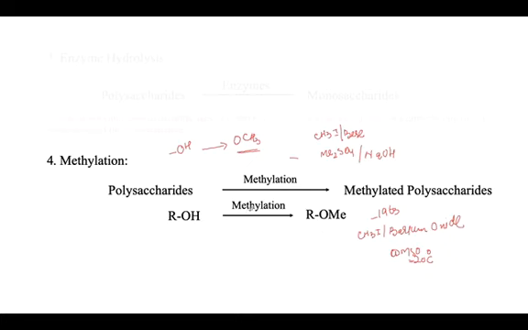So what is the use of that methylation? First, the hydroxy groups will be protected, so they won't be degraded. After the hydroxy groups are protected, we do the hydrolysis, and only those hydroxy groups which were linked remain free.